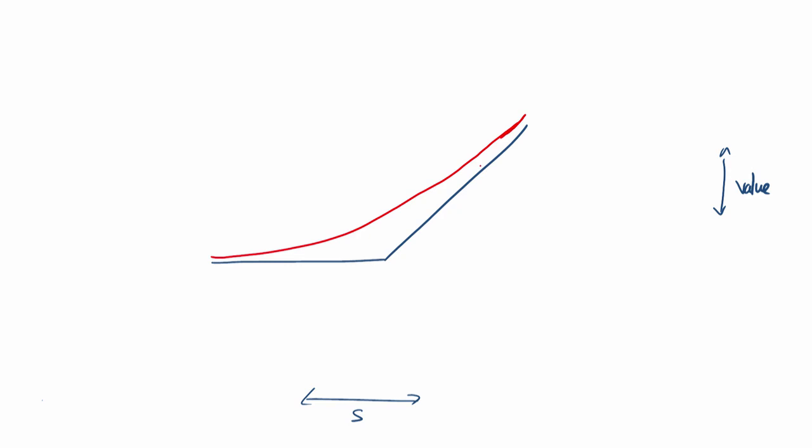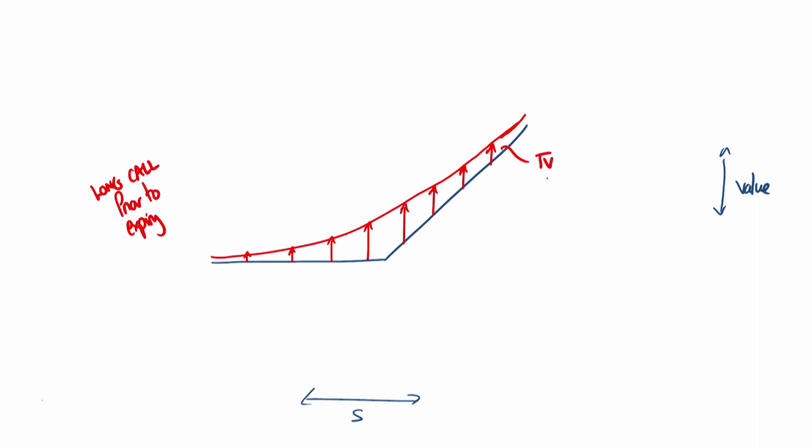Blue line, there's no time left, but the red line, there's some time left, like a month, something like that. So the difference between the blue line, which is just intrinsic value, and the red line, which is the option premium prior to expiry, it's a long call prior to expiry. The difference between those two is time value.